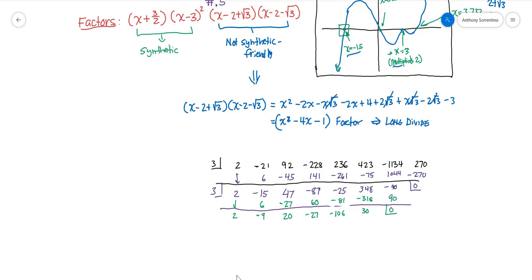Again, this really is no use to me yet because I still have another linear binomial, so now I'm going to use the negative 3 halves.